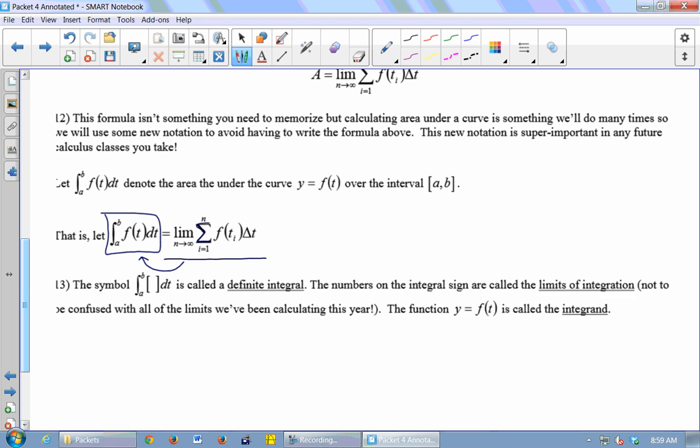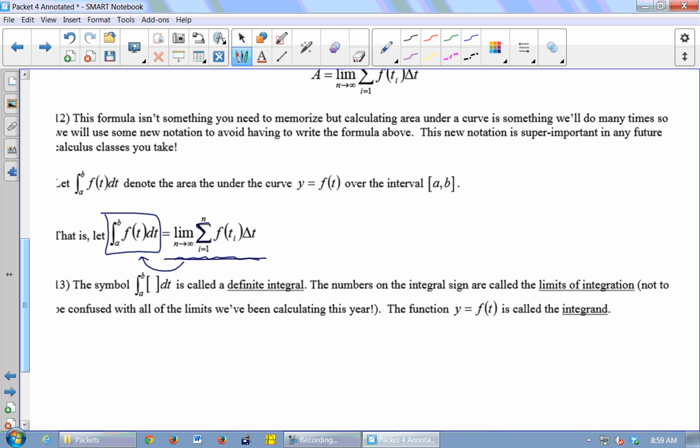And then this notation never told us what the endpoints were, A and B. You have to already have a picture and already know what they are. Here we have A and B are the endpoints of where I'm trying to find the area between. Those are the x values that I'm trying to find the area between. And then f of t is my function. So instead of doing f of t sub k, I just write f of t when I take the limit.